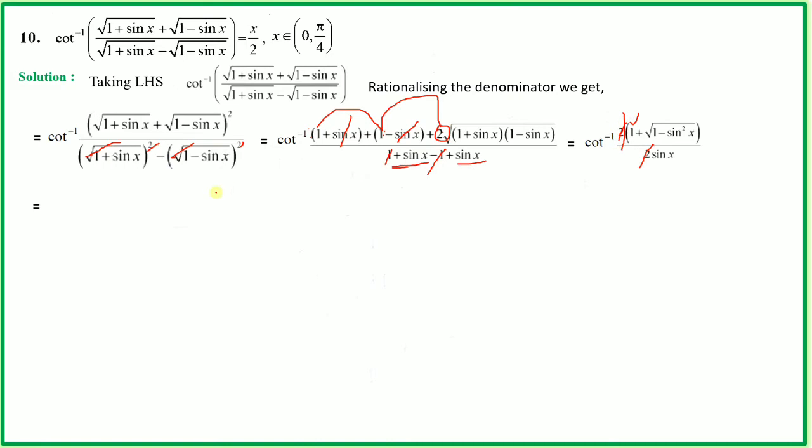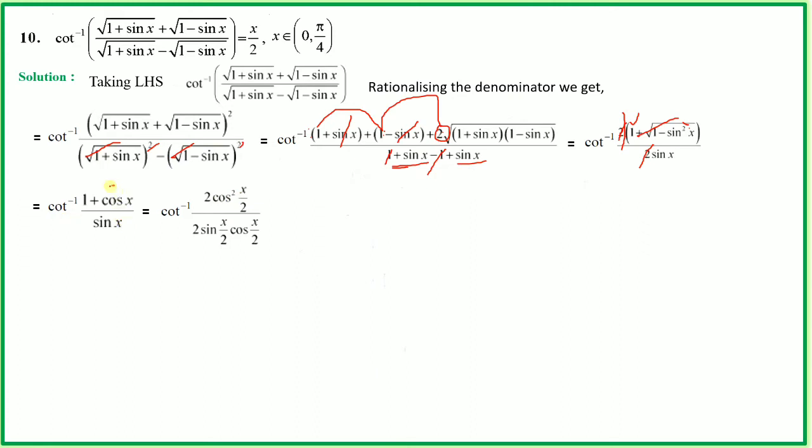Equals cot inverse of (1 plus square root of 1 minus sin square x) upon sin x. Now 1 minus sin square x is cos square x, and that cos square will cancel with the square root, so we will have cos x. So 1 plus cos x upon sin x. Got it? Okay. Then equals cot inverse of 2 cos square x by 2 upon sin x.